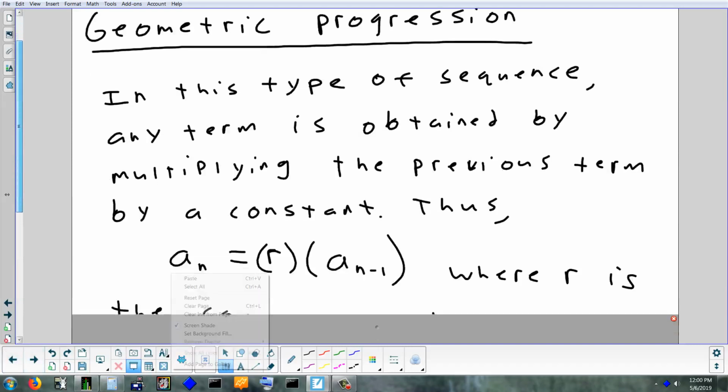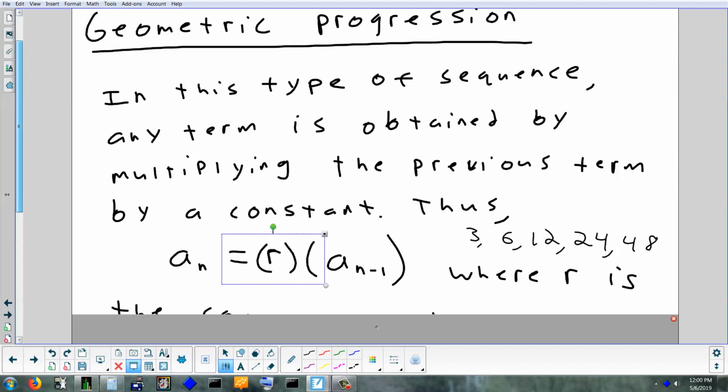To get a term, take the one before it and multiply by a number, whatever r is. So an example would be like 3, 6, 12, 24, 48. That sequence I just wrote is going to fit into the formula I'm about to show you.